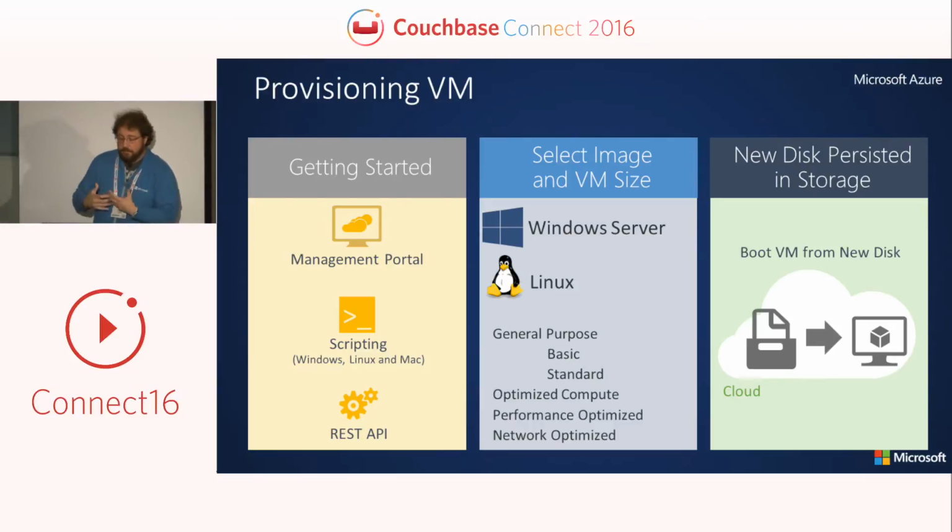And once you define the VM size, we're going to create the disks, save the disks on the Azure storage, and boot the VM from there. Just a comment here, the disks are actually VHD files, so it's the same format that you use to run Hyper-V on premises.